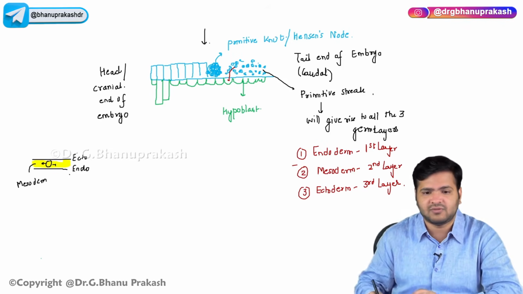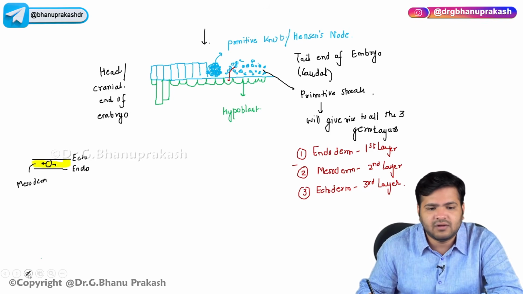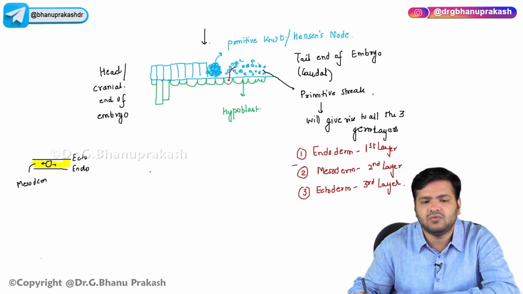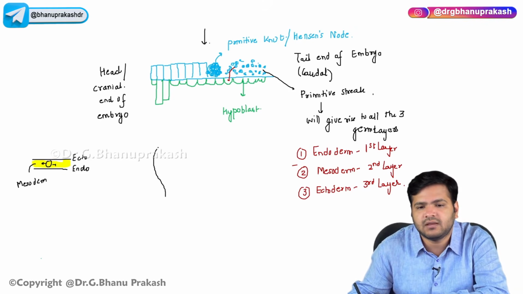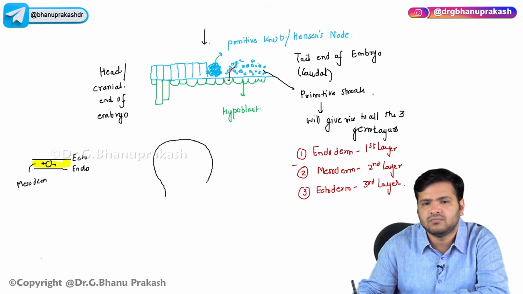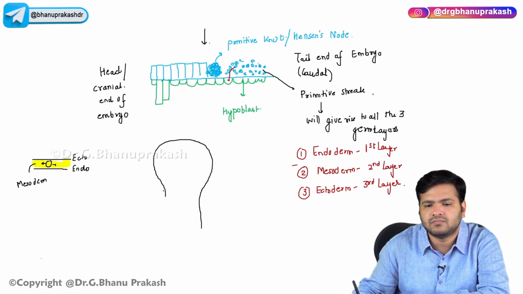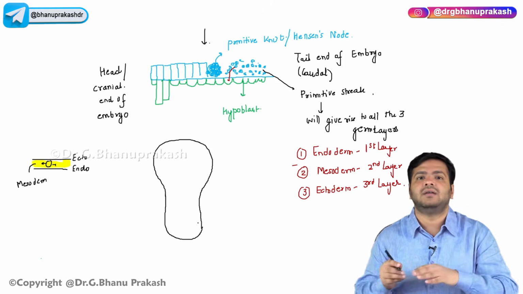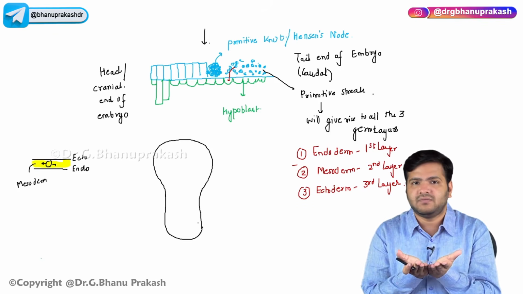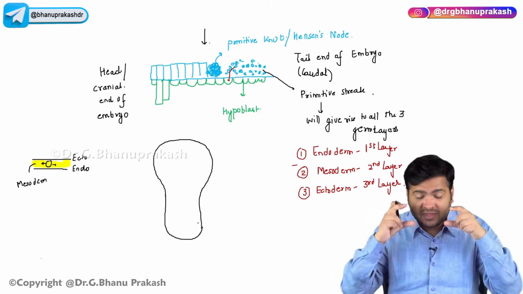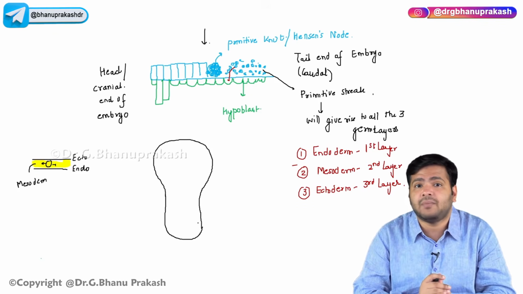So let's just draw it so that it's clear to you. Now this is the embryonic plate, which is elliptical in shape, and I'm watching this embryonic plate from the top.